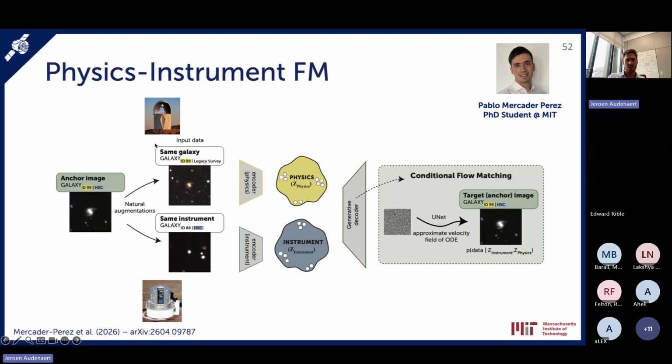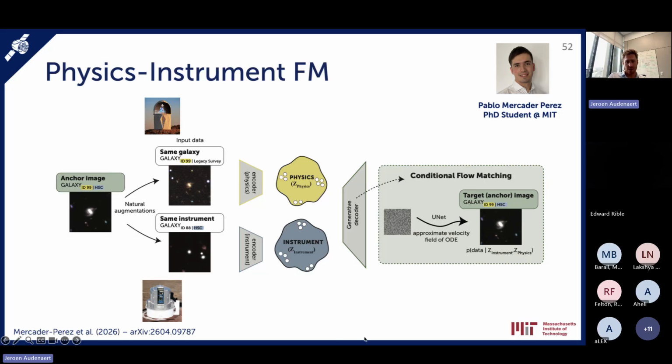We feed those to our encoders, and then we use the anchor image as the final target image, essentially using a flow matching algorithm. So we don't use it as input here, but we say, okay, using these two images and the encoders, you should be able to get back to this anchor image.